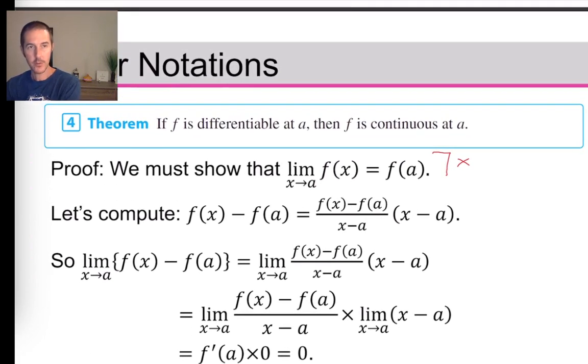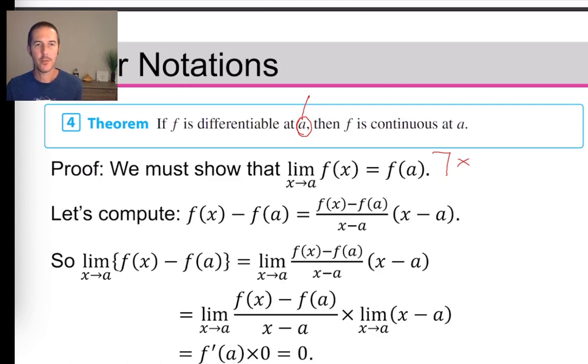Continuous but not differentiable. If a function is differentiable at a particular point or for a particular value a, then the function is continuous there. I'm not going to walk you through this entire proof process. I'll scroll through it slowly. You're welcome to pause and check it out. If you want to download these notes and look at it in greater detail, be my guest.